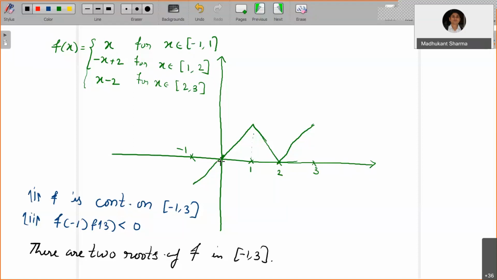But if you look at the graph, there are exactly two roots. So we can't say here that there will be an odd number of roots. If roots are there, it could be an odd number or an even number. What we require here is smoothness of the curve. If the curve is smooth, meaning you include differentiability, then the situation may change.